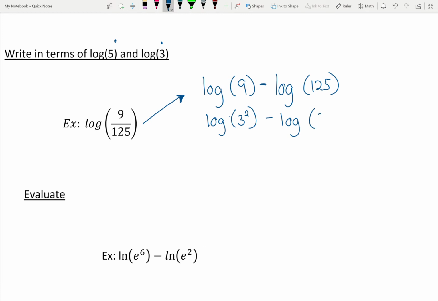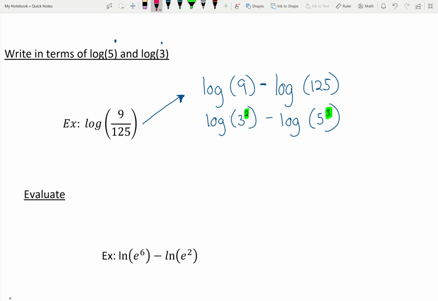Let's go this way. 5 to the third power. Okay, so hopefully everyone's following. And the last thing I should probably do is get rid of these exponents that are up here. How do I do that? I use the power rule. The power rule says that if there's an exponent inside your parentheses, just bring it down in front of your log.